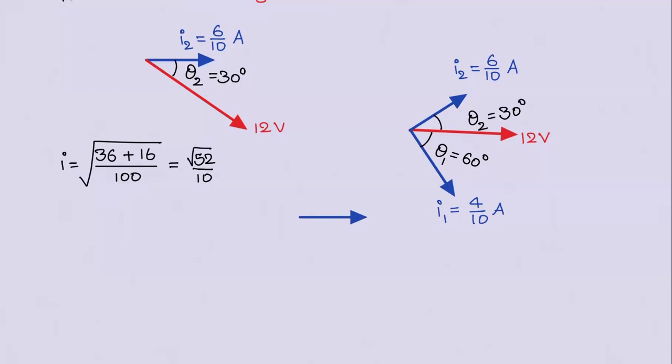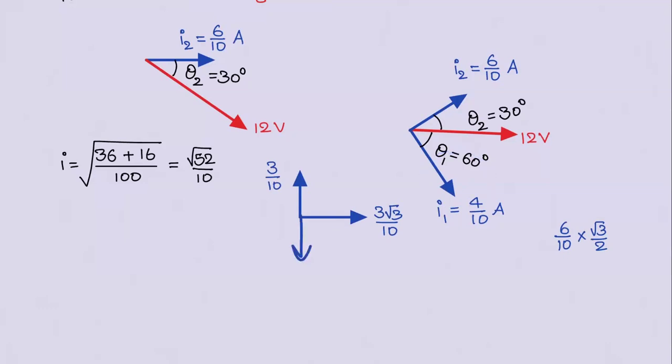We'll keep it as it is, 3 root 3 by 10. And then we go for the perpendicular component. 6 by 10 sin 30 is 3 by 10, right? So 3 by 10.